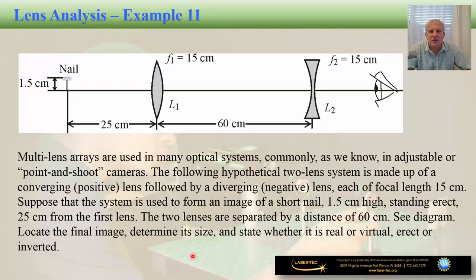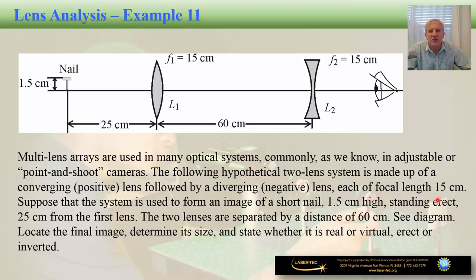In this second example in this lecture, we are looking at the multi-lens arrays that are used in many optical systems, very often in point-and-shoot cameras. So here we are looking at a two-lens system that's made up of a converging or positive lens followed by a diverging lens.